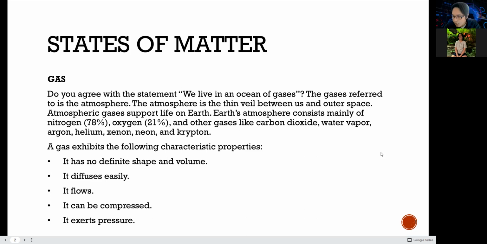What organisms can produce oxygen, since this is a byproduct of photosynthesis? Anybody? Plants. Plants, correct. That's the primary.